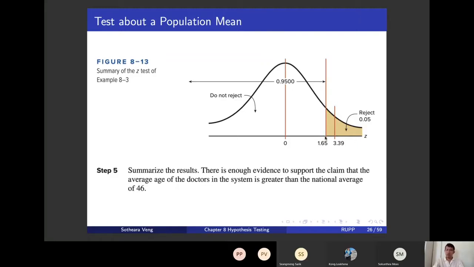It means the point that corresponds to the area to the right under the curve is 0.05, right? And your test value in this example is 3.39.